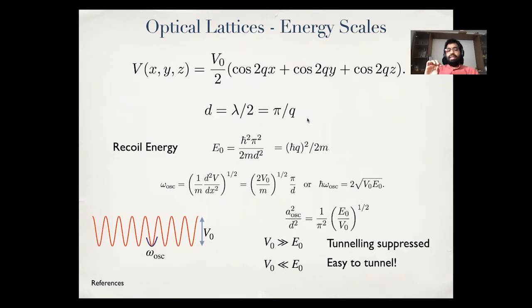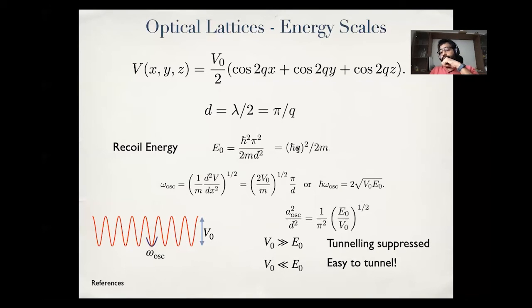Now let's think a little bit about the different energy scales that occur in the atomic case. One can think of one energy scale in 2 ways. One way is if I have a laser that has photons of momentum q, which is related to the periodicity of my lattice, this is basically the recoil energy.